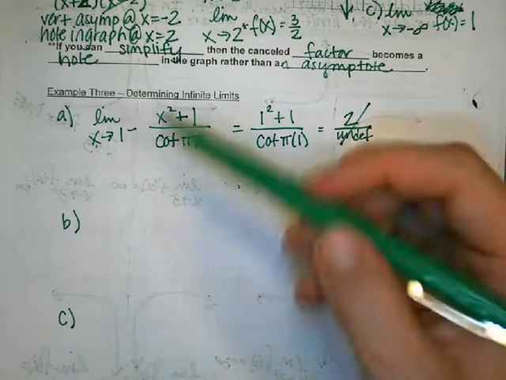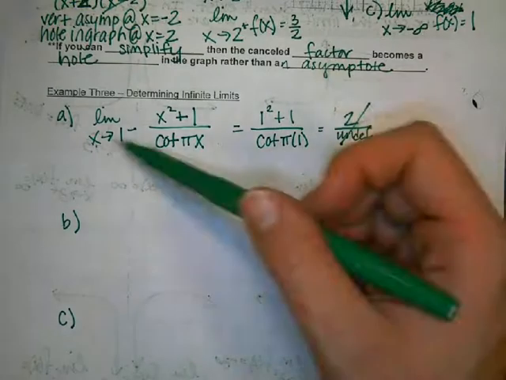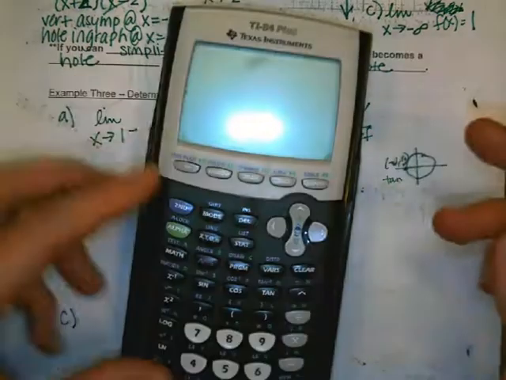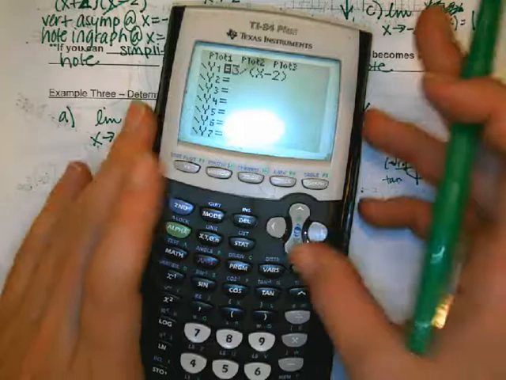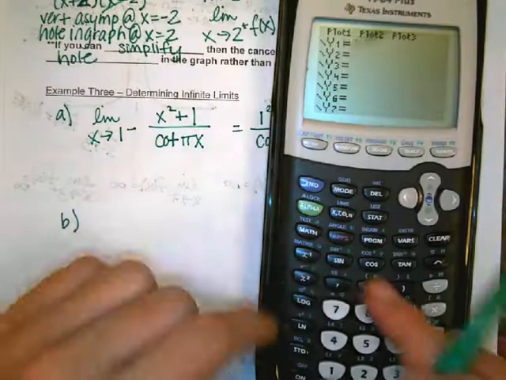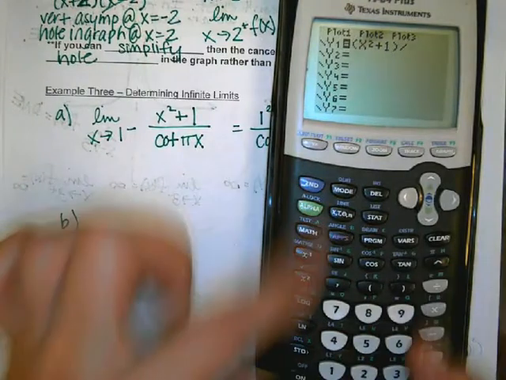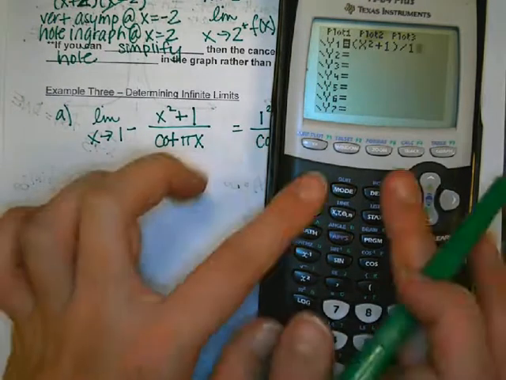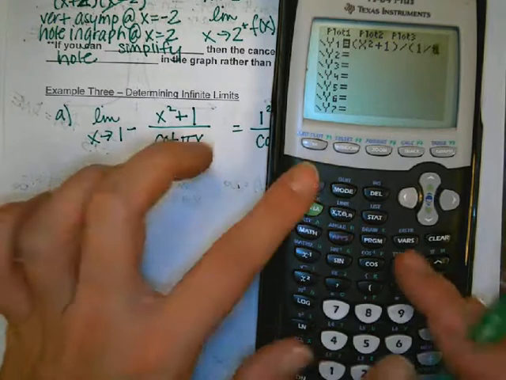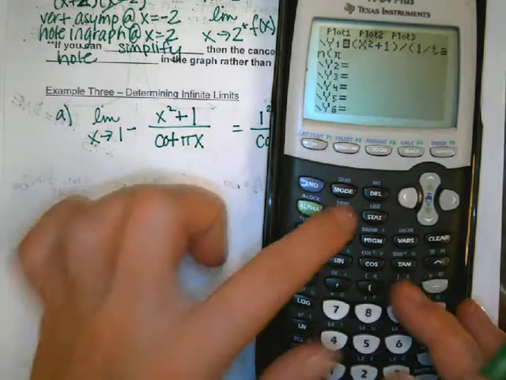So then you have some options. You can use a table, which is what I might do here. So we have x squared plus 1 divided by 1 over tangent of pi x.